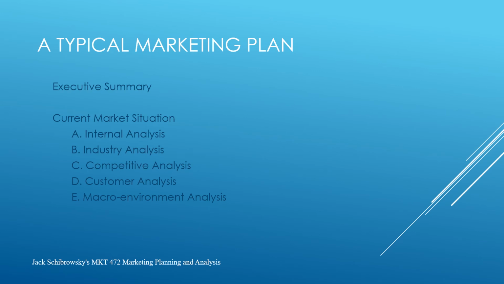Typical marketing plan includes situation analysis. Of course, we talked about this before. An internal analysis, an industry analysis, a competitive analysis, a customer analysis, and a macro environmental analysis. Now, there's always a little bit of a question of which should I do first, the internal analysis or the industry analysis.